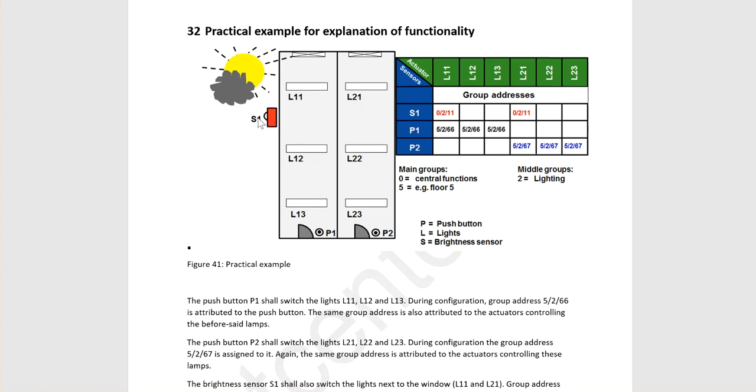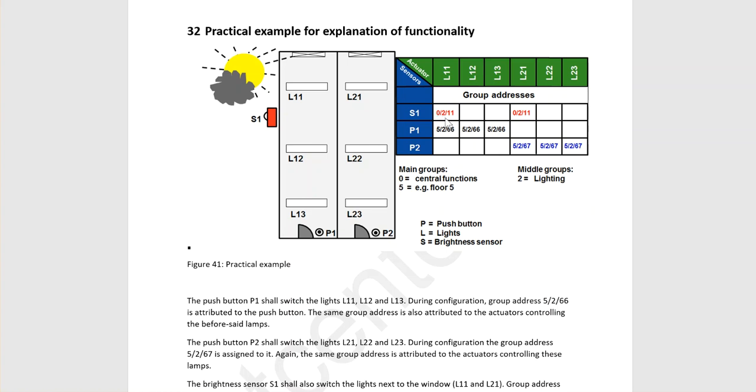And what is the operation? The operation is this. If you press the push button P1, you can control these lights. And if the outside is cloudy and there is not enough light, the S1 sends the command to turn on L11 and L21. So here you can see the group addresses.